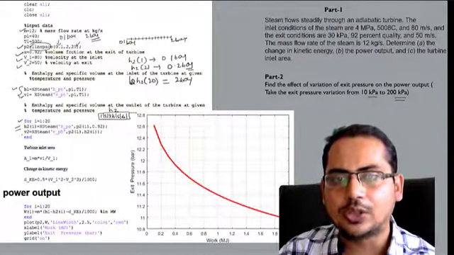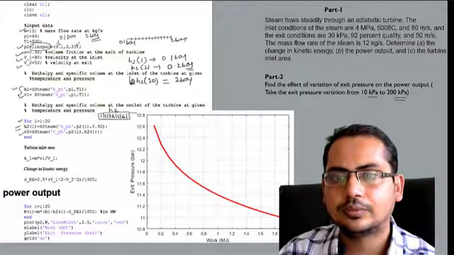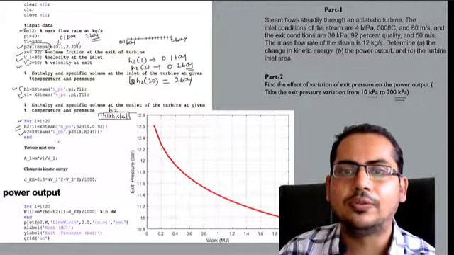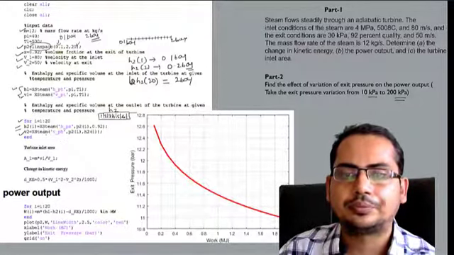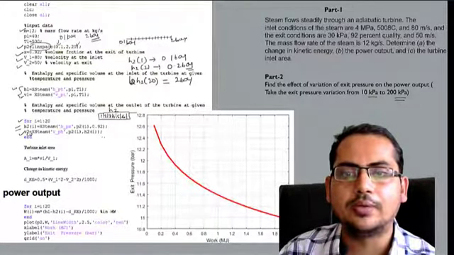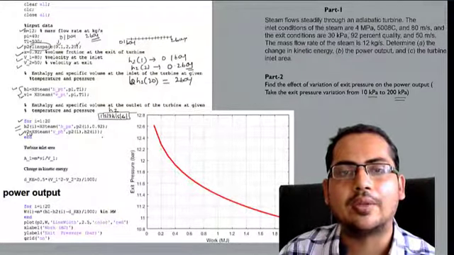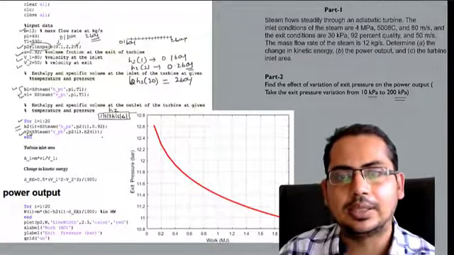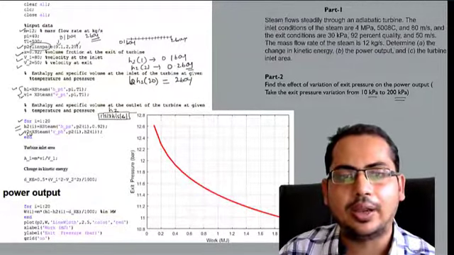Similarly, you are storing the value of V2 also: V21, V22, V23, V24, V25, V26, these kinds of values are stored in the array of V2.